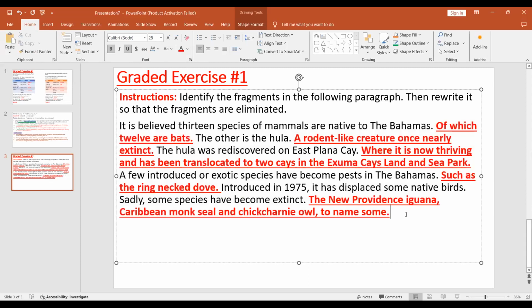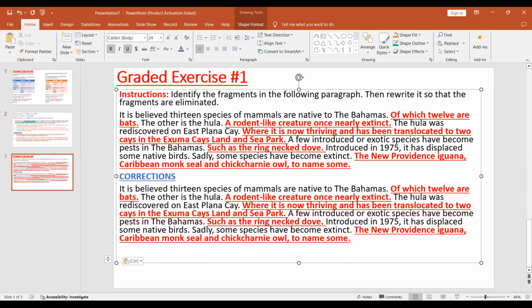So correction. Okay, so let's correct it. So we could say it is believed that 13 species of mammals are native to the Bahamas. How are we going to correct it?